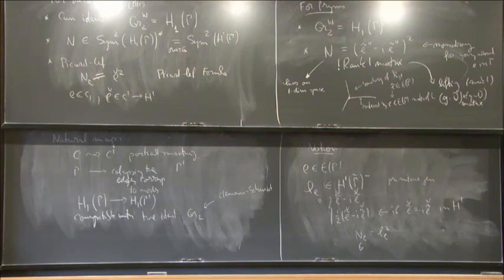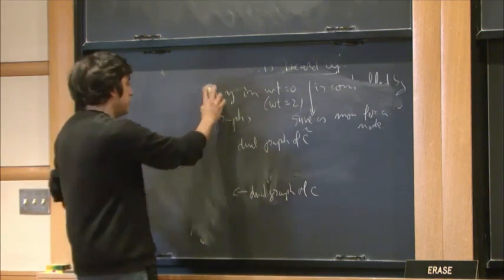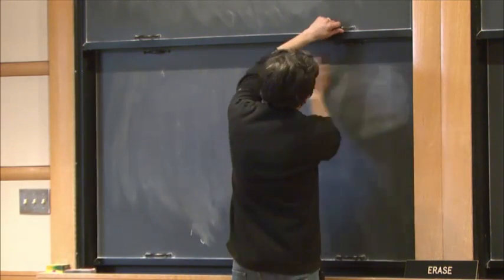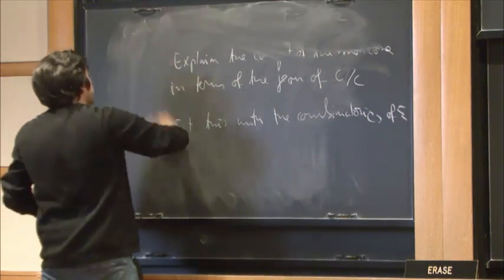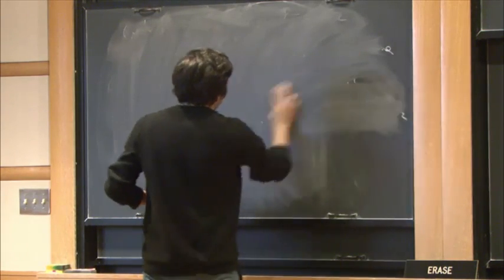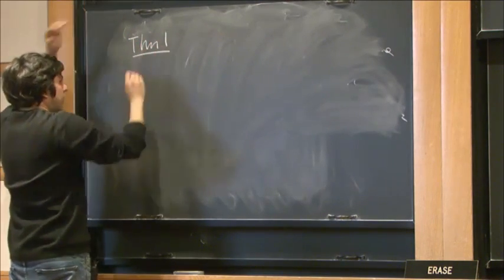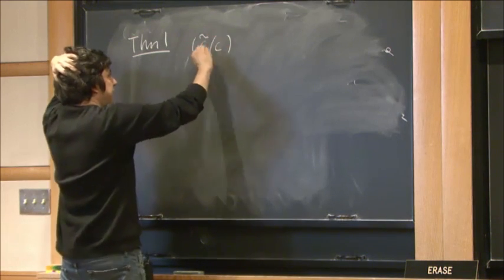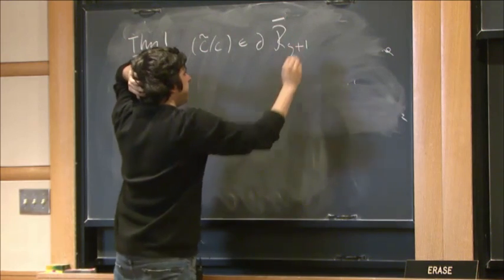Let me put the main results now. So we are considering C tilde mod C, a boundary point in R g plus 1.